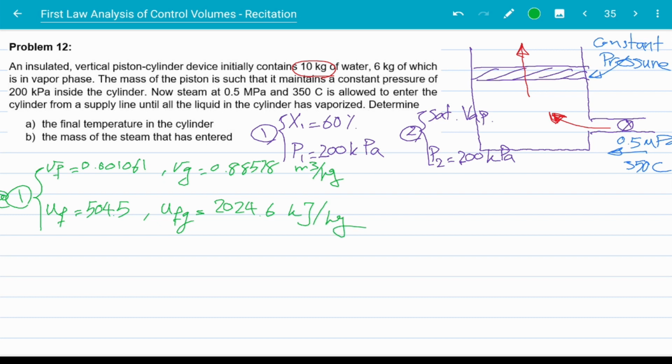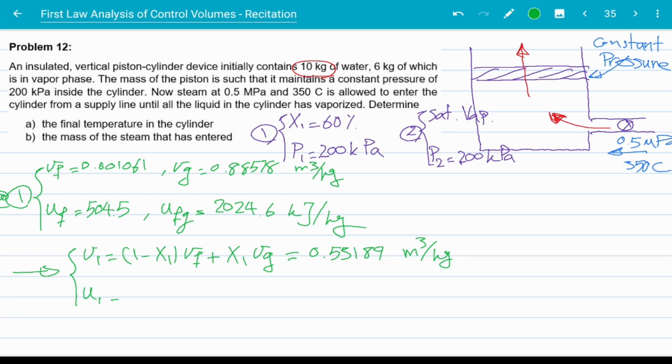Now I can use the quality equation because I know that initially I have a quality of 60% to find the specific volume and internal energy at the initial state. So specific volume 1 equals v_f plus quality 1 times v_fg. Plug in numbers, you get 0.3189 meters cubed per kilogram.